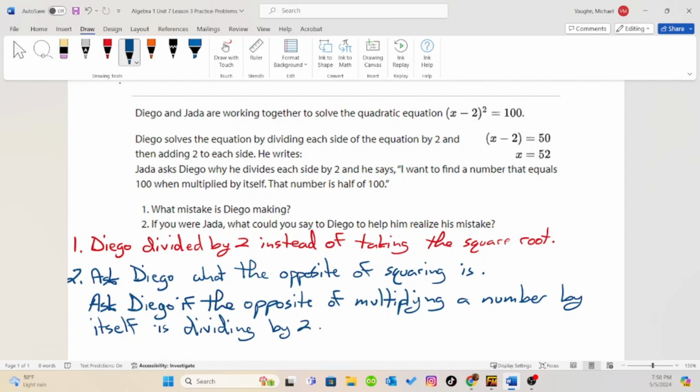Either way of phrasing it like this should help Diego realize his mistake.